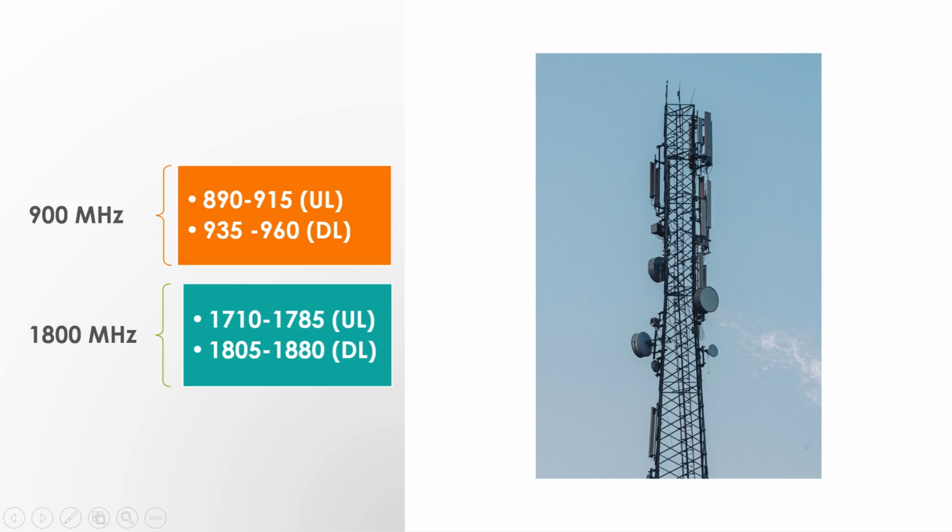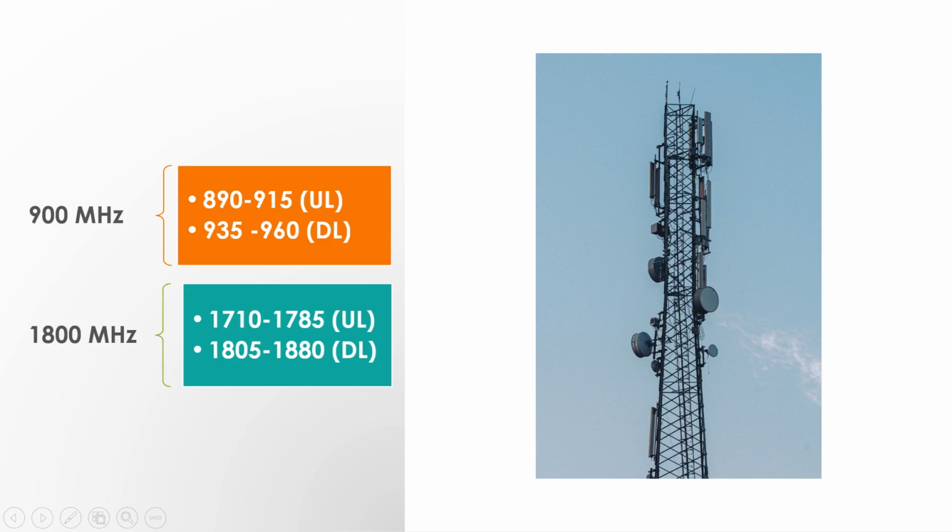When it comes to GSM 1800 band, mobile phone uses a frequency range of 1710 MHz to 1785 MHz for transmission to network, while 1805 MHz to 1880 MHz for receiving from network.